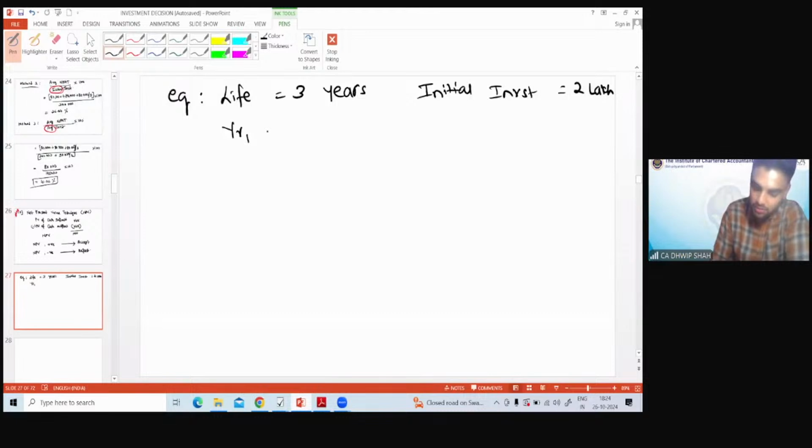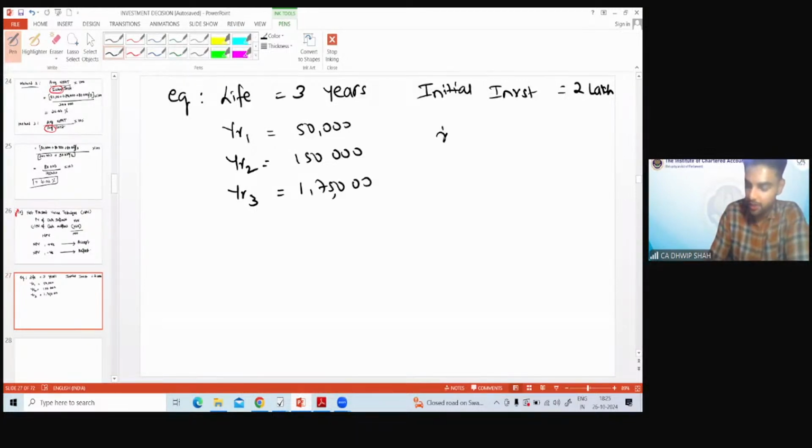Cash inflows for year 1 is 50, for year 2 is 150, for year 3 it is 175. And my required rate of return or my KO is 10%. So can I say this 10% will be my discounting rate? Because there is nothing about desired rate of return and nothing mentioned about industry rate.